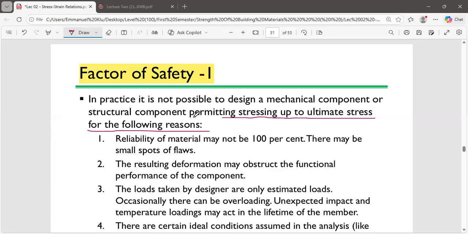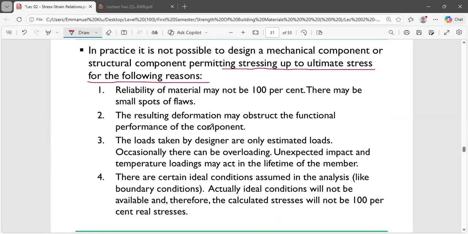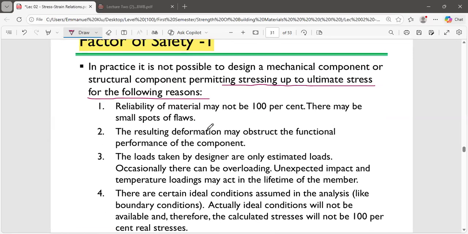So let me take it all over again. Factor of safety one. In practice, it is not possible to design a mechanical component or structural component permitting stressing up to ultimate stress for the following reasons. You have to put in place measures. One, reliability of material may not be 100%, that is, there may be small spots of flaws.